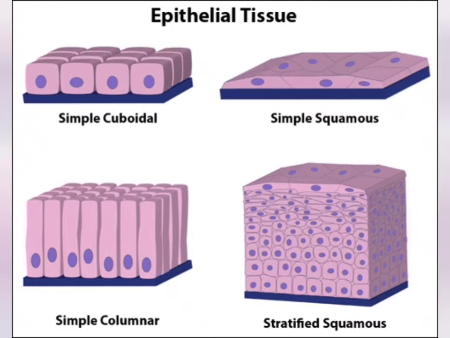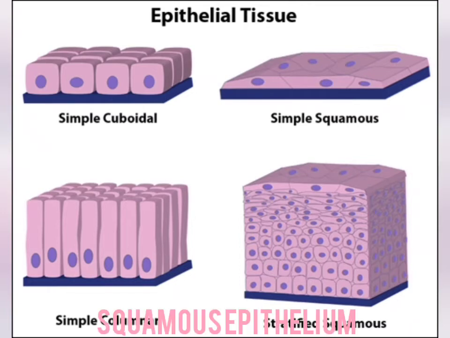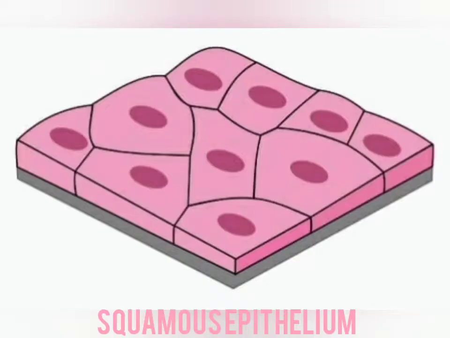Now coming to the different types and different definitions. Squamous epithelium is also called pavement epithelium because its cells fit together like the tiles of a floor. The cells are thin, flat, polygonal with central bulgings having flat nuclei.